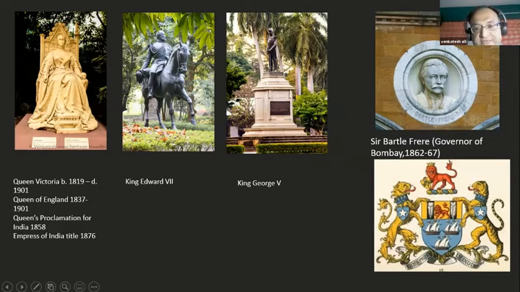One important person we need to know is Bartle Frere, Governor of Bombay, 1862 to 67, who took upon himself the efforts to completely modernize the city by getting rid of the fort, by getting the new infrastructure. Today, when we say new city, we need industry, a service sector, dockyards, mills, railways, banking, insurance, the works end to end.